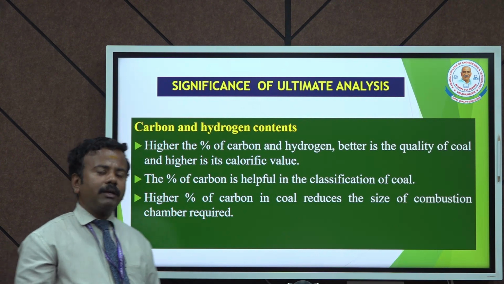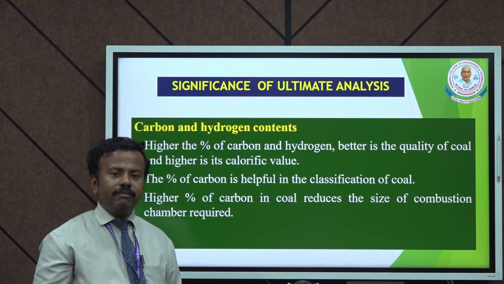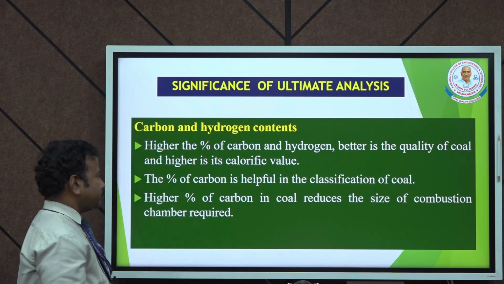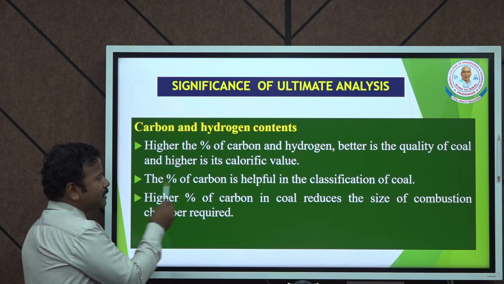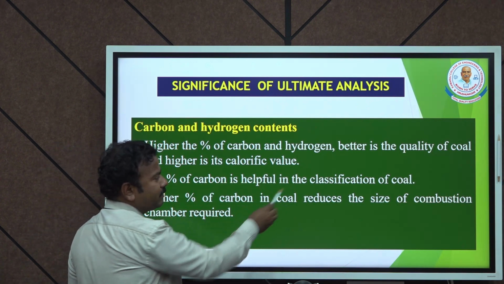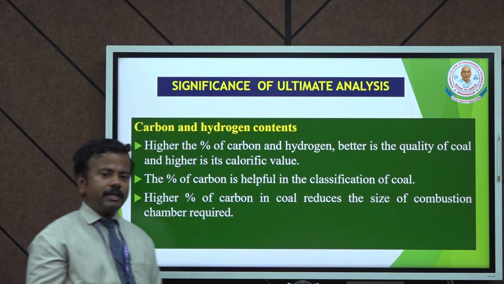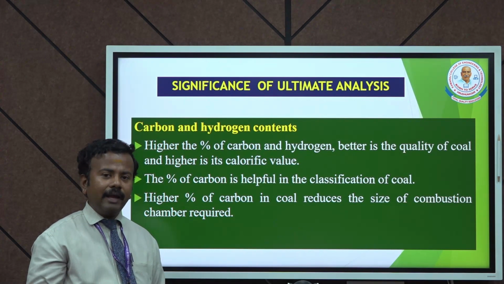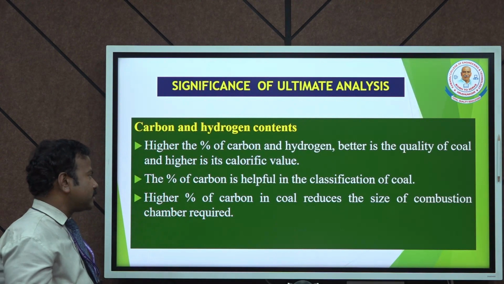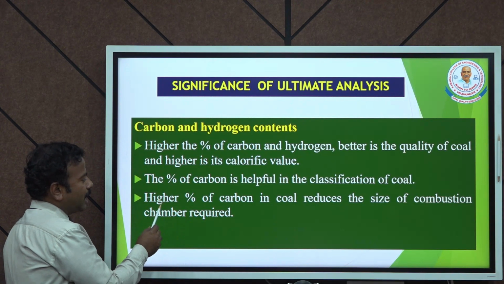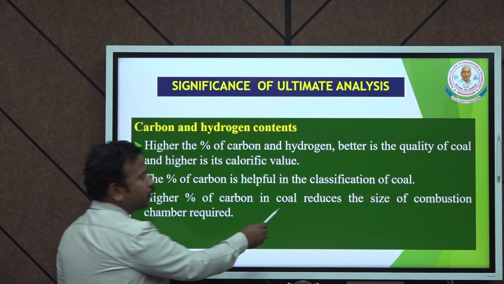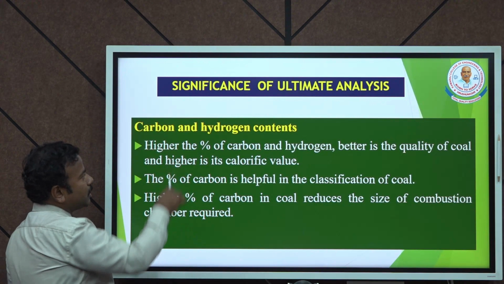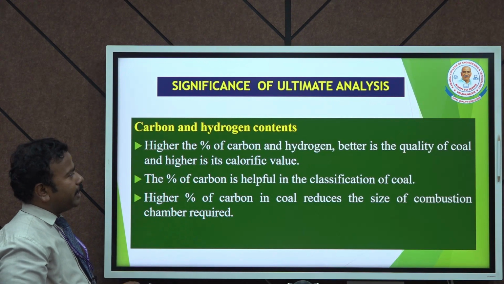If the carbon content is more, the calorific value is also much greater, which enhances the fuel efficiency. Next, the percentage of carbon is helpful in the classification of coal. Based on the percentage of fixed carbon content, we can rank coal into various types. Another point is that a higher percentage of carbon in coal reduces the size of the combustion chamber needed. These are all the significances of carbon and hydrogen.